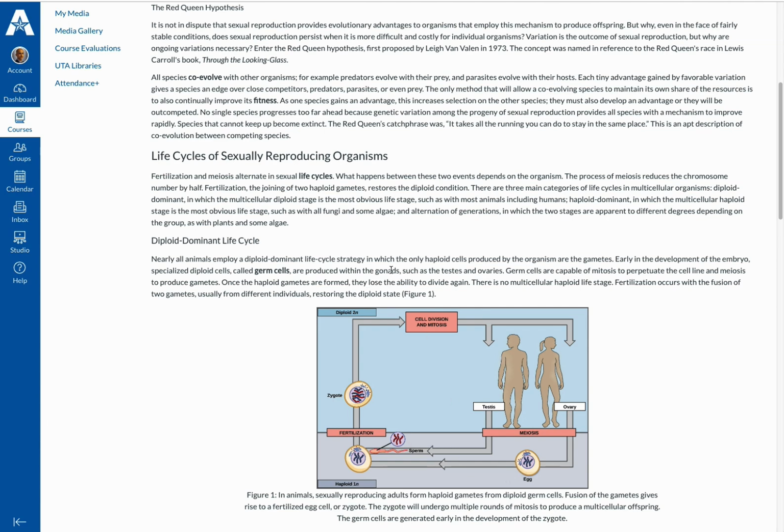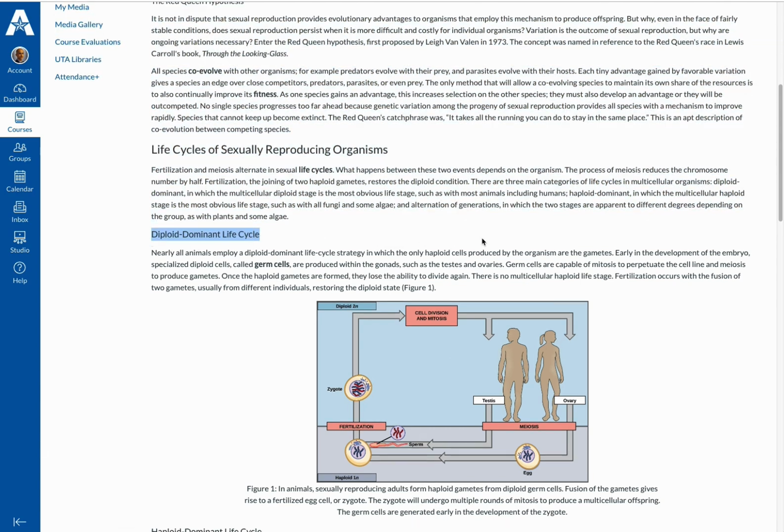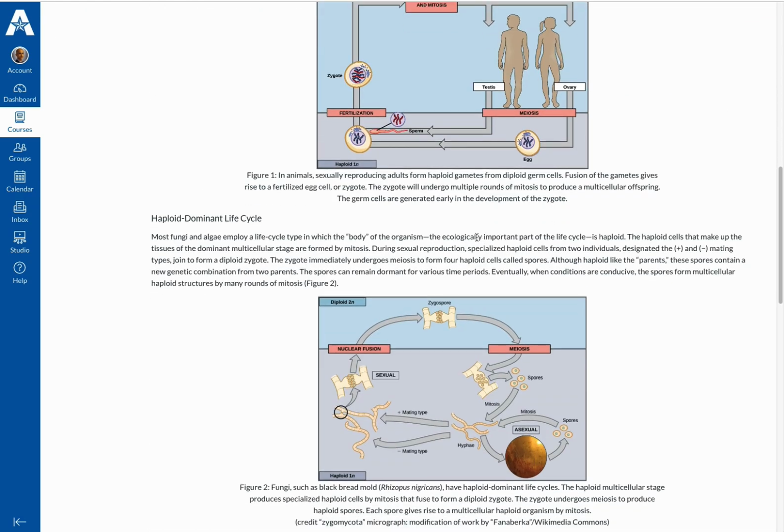So we're diploid organisms, so we're in a diploid dominant life cycle. Haploid dominant life cycle basically means the opposite. The majority of the lifespan of the organism is spent in the haploid state and only briefly enters a diploid state.